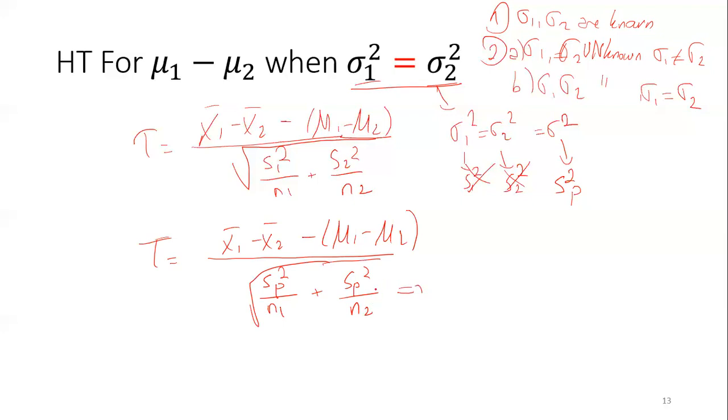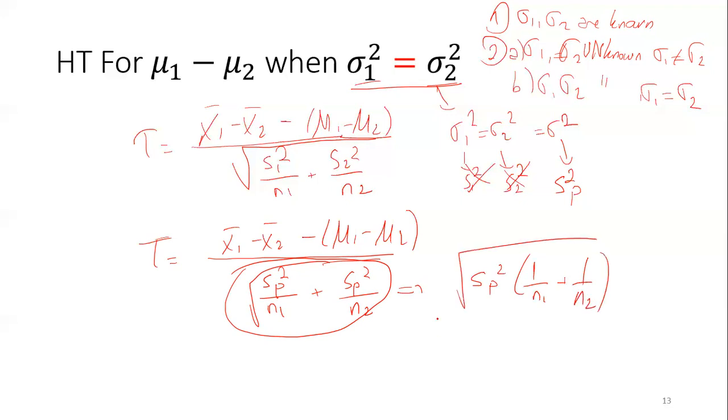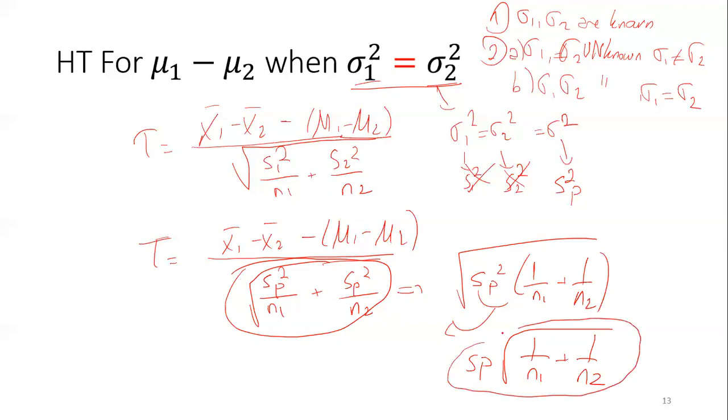I can write this part as sp squared times (1 over n1 plus 1 over n2), in square root. And you can just take this out, so this is sp times the square root of 1 over n1 plus 1 over n2. So if you assume that the sigmas are equal to each other, then this is what you have.